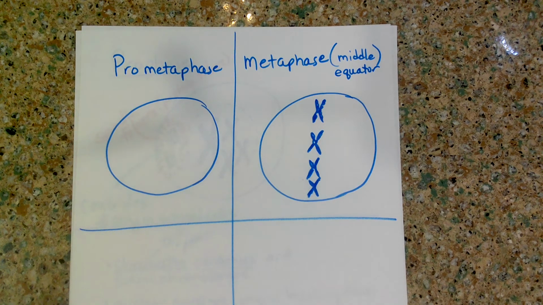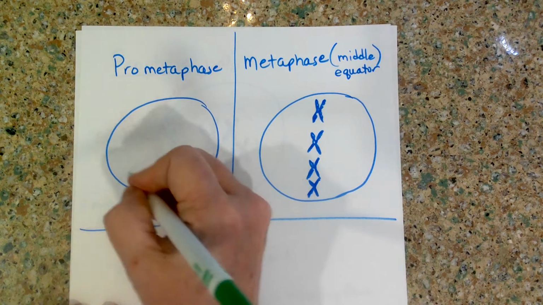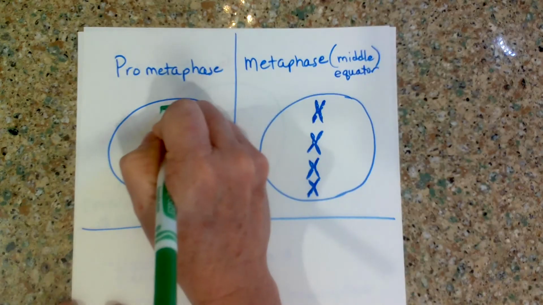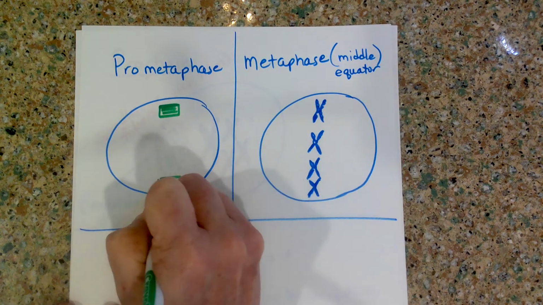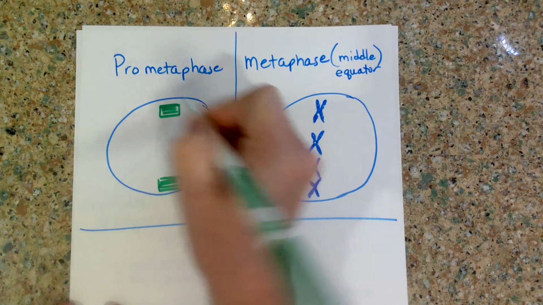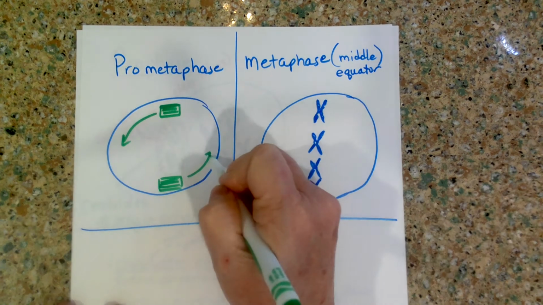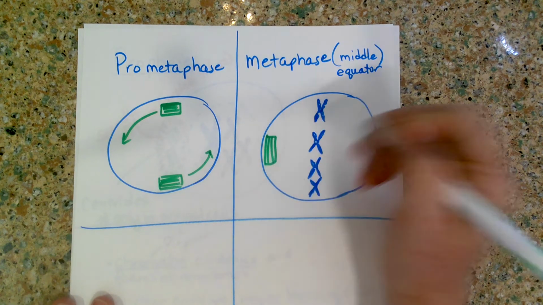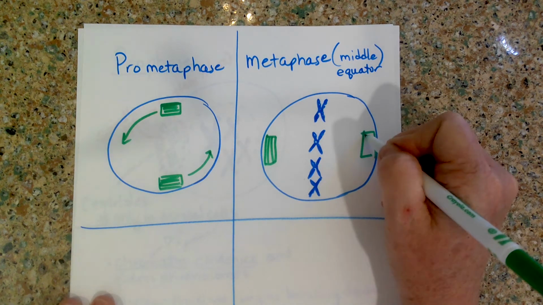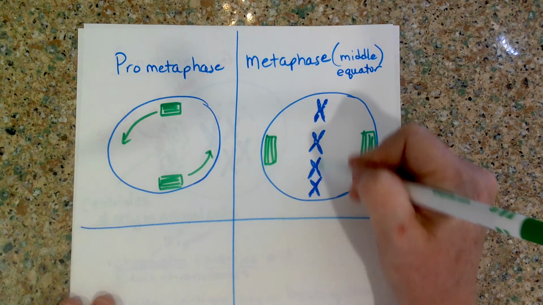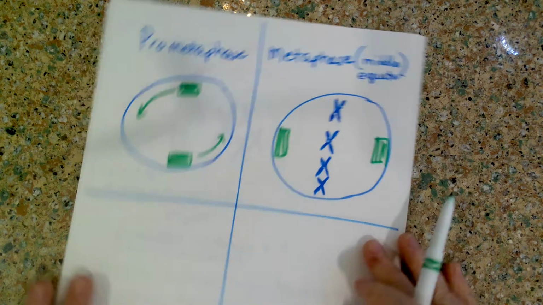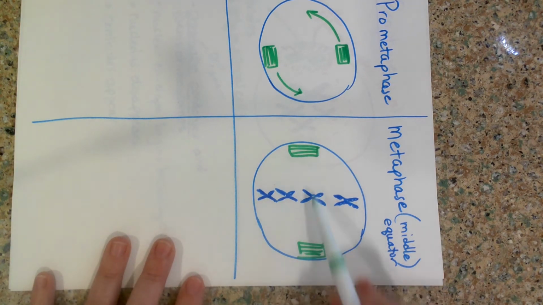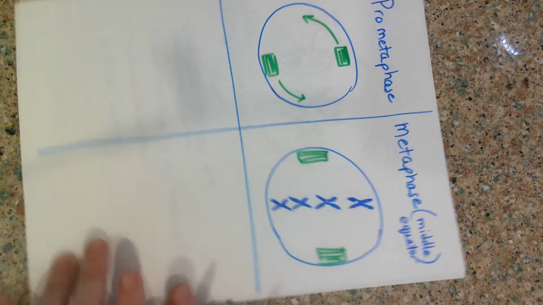So what has happened is over here in prometaphase, these centrioles have moved, and they're moving to the sides of the cell, and they're getting in position, and they're going to end up being right here. Okay, so if this is the equator, what would we call the top and the bottom? Hopefully you know that we call it the poles.